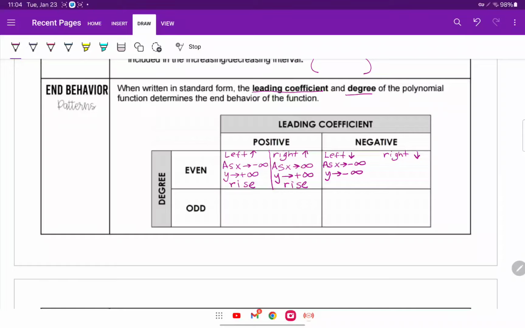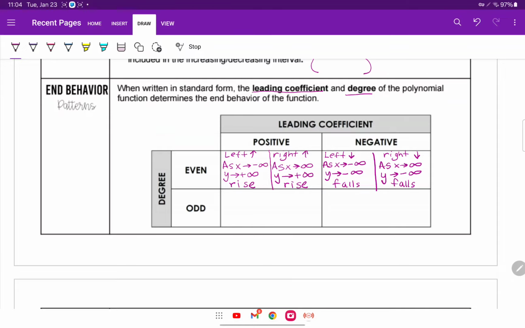In other words, as I move to the left, the y values or the graph is pointing down. For the right side, we're going to say as the x's go to positive infinity, because I'm moving to the right, the y values are going to negative infinity. So here we would say it falls on the left and it falls on the right.